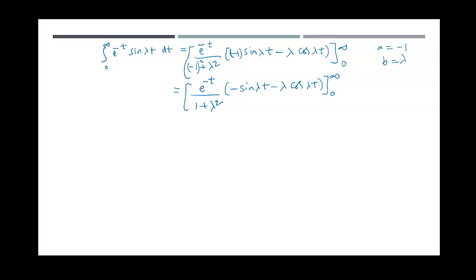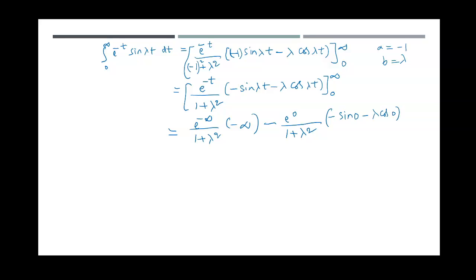Now if you apply those limits, when you apply infinity, we get e power minus infinity upon 1 plus lambda square into this whole thing with sin lambda t at infinity, minus e power 0 upon 1 plus lambda square into minus sin 0 minus lambda cos 0.